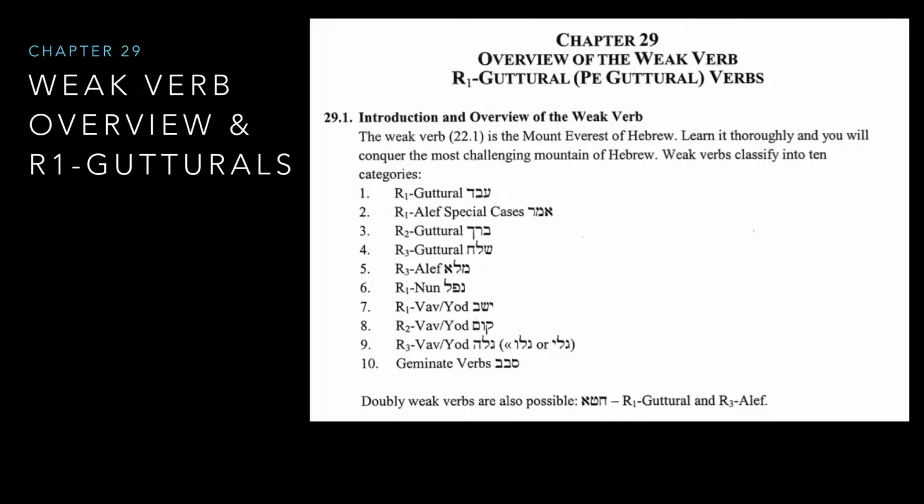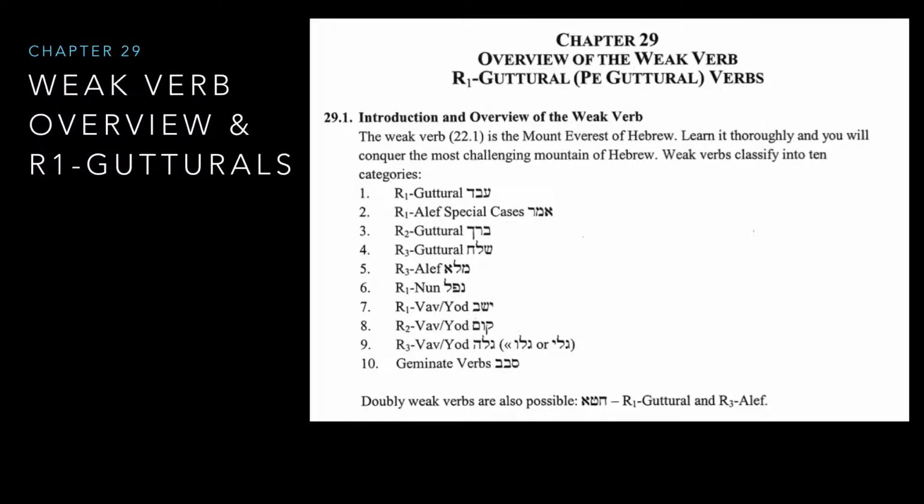You can see there the R or the number 6. We're going to look at R1 noons later. You've seen the noons assimilate before into the following letter, and that's what we get. Sometimes the noons just fly away altogether, but those tend to be weak letters. Also, the vav yods tend to be weak letters, and we'll get into those a little bit later.